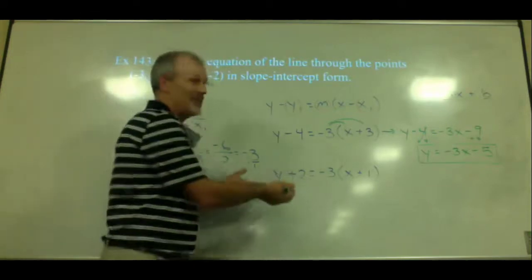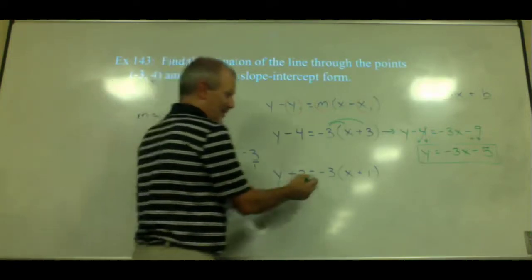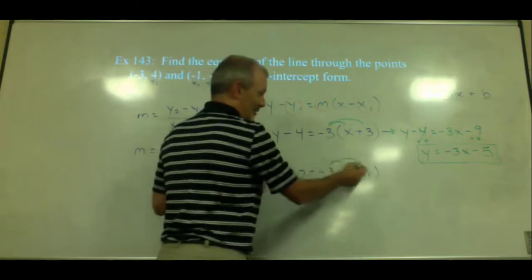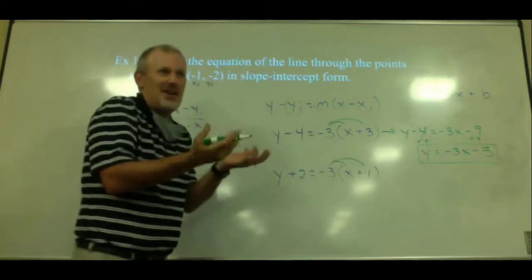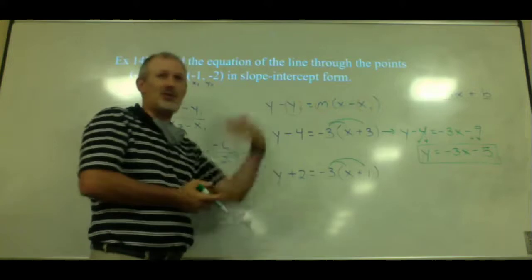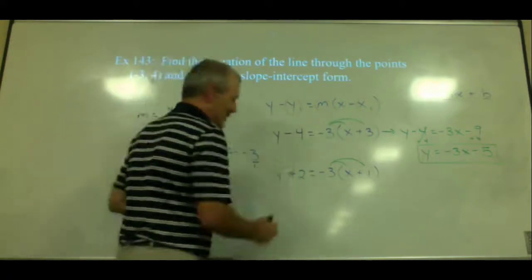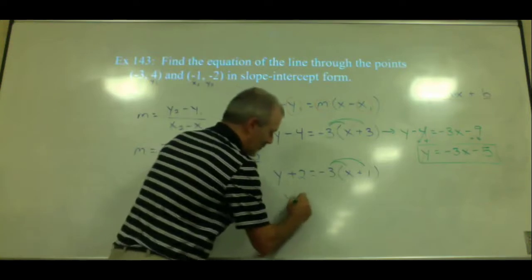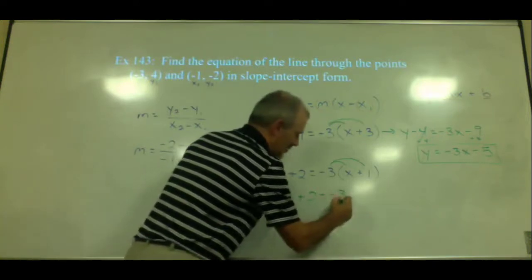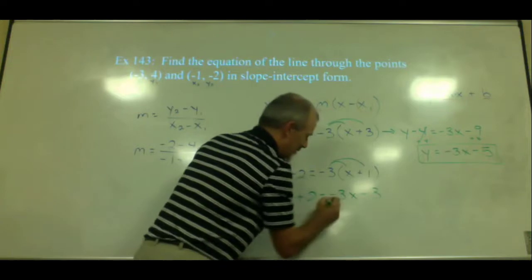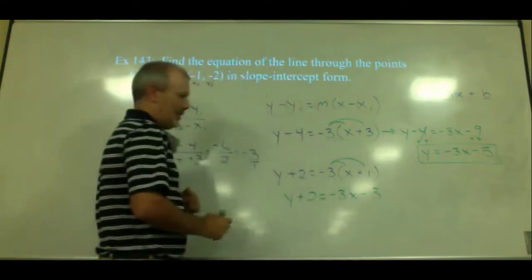So what would we have to do first on this one? Yeah, distribute. It's always the same. Once you write it like this, you always distribute and get the y by itself. It's always the same steps because it always looks the same. So this would be y plus 2 equals -3x minus 3, right? Then what else do we do?